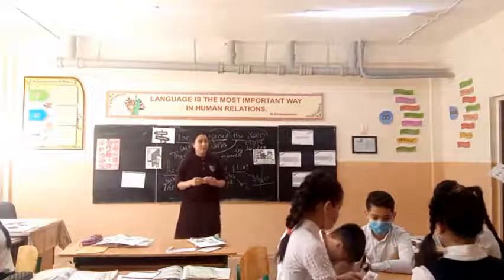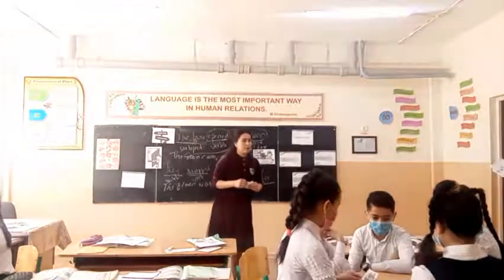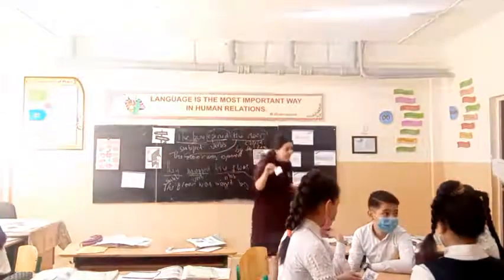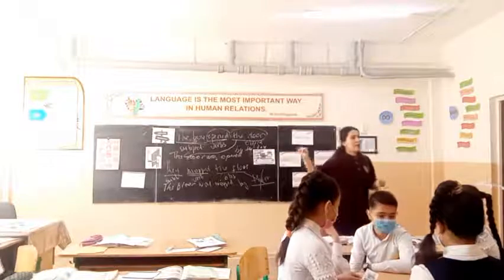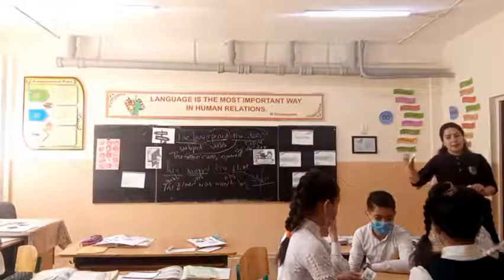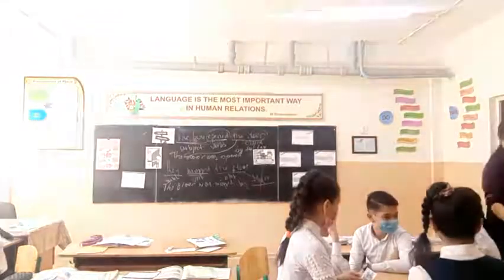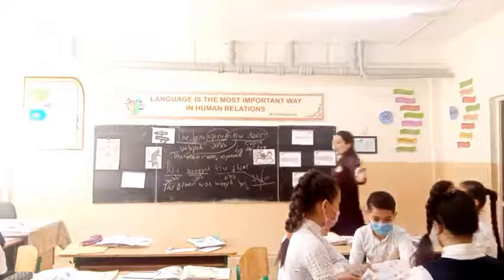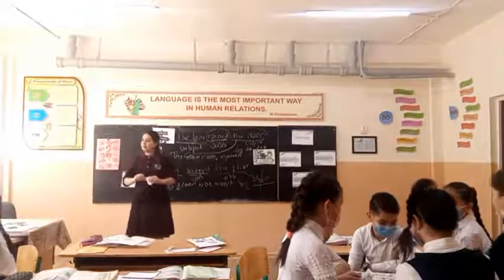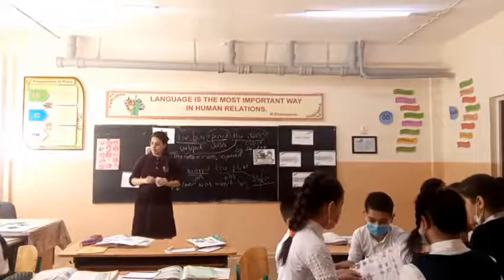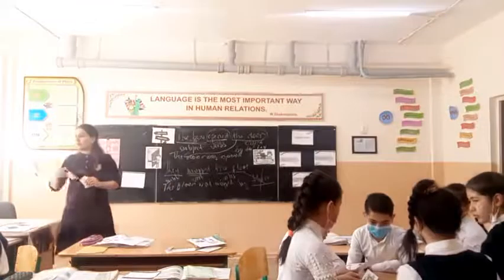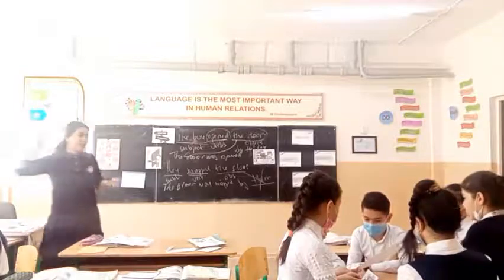Okay, it is an active one and passive one, please. Building is built by a man. Building was built by a man. It is very correct. Thank you very much.